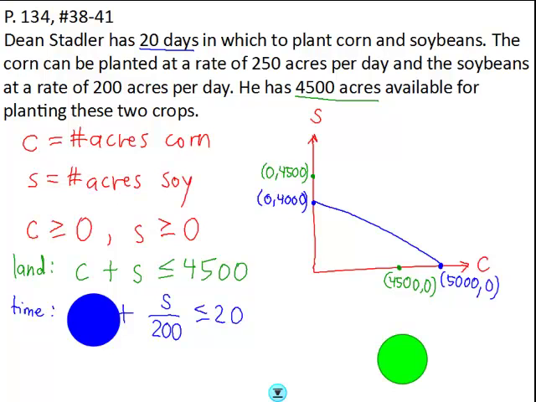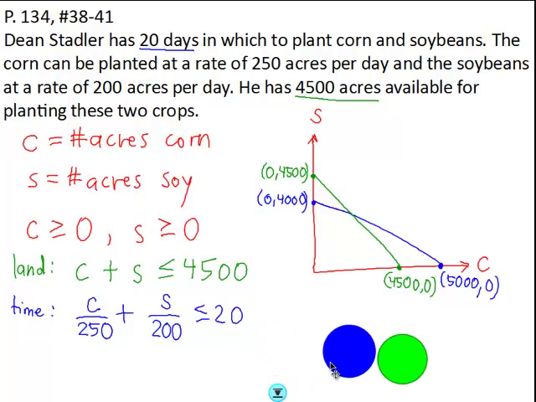I forgot to connect these dots earlier. Obviously, in both of these cases, we're going to shade beneath the line. I didn't bother shading earlier, simply because I didn't want to confuse myself. I'm just going to shade the feasible region, which is this right here.